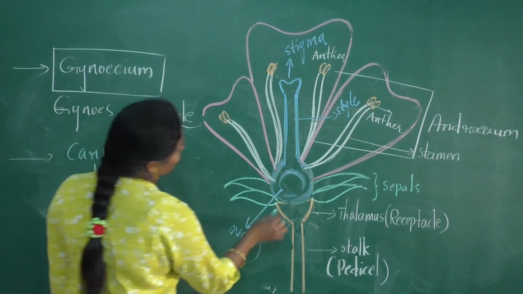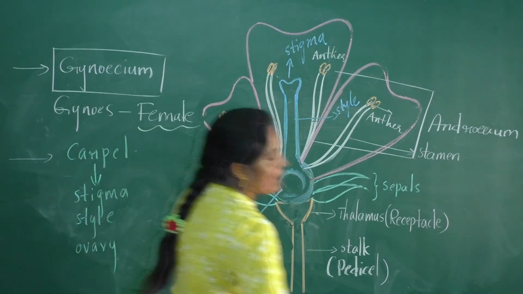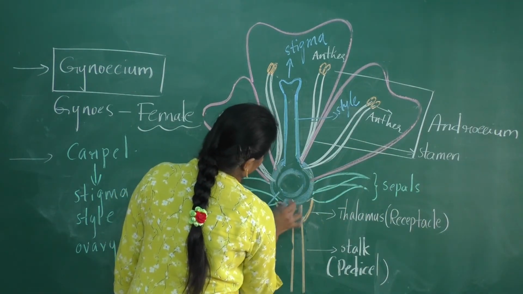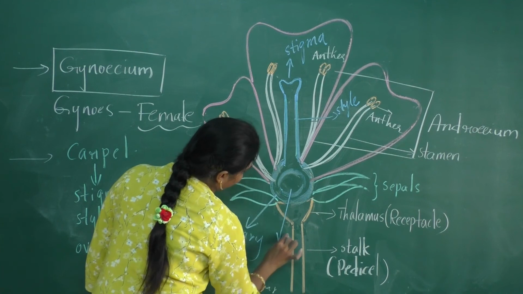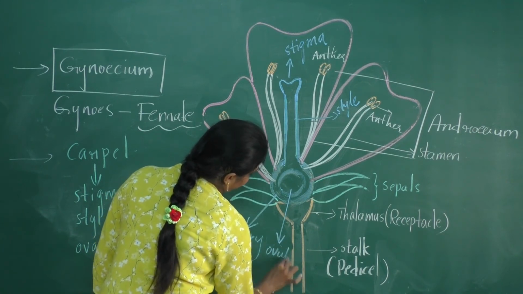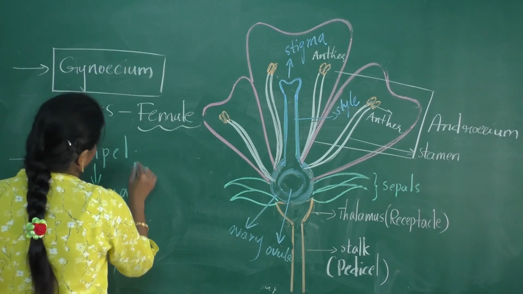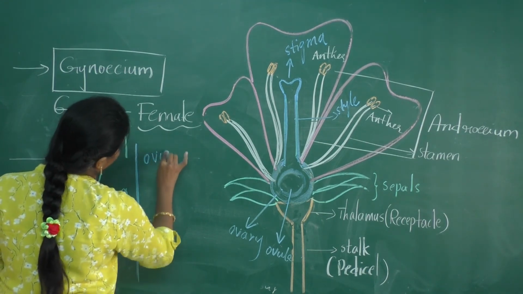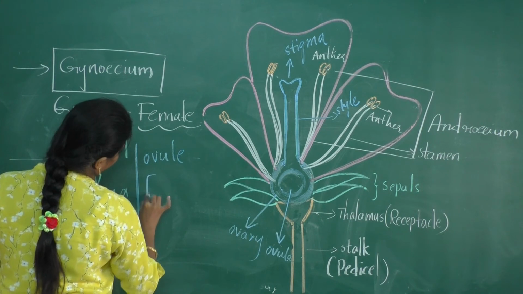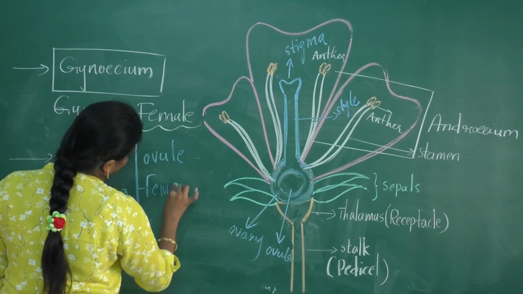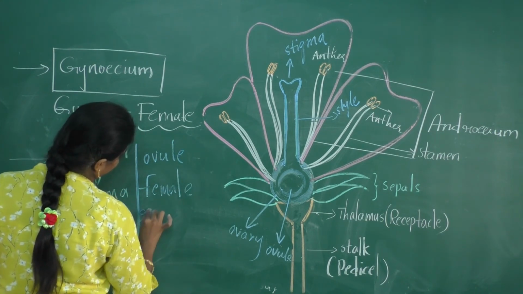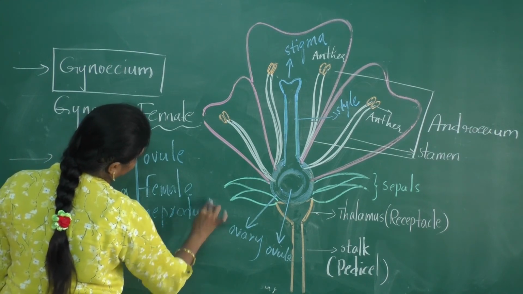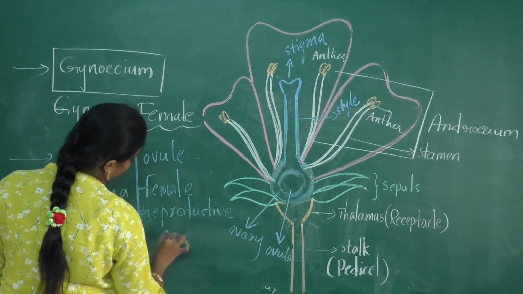Inside the ovary you are seeing a round part that is called ovule. This ovule is the female reproductive cell.